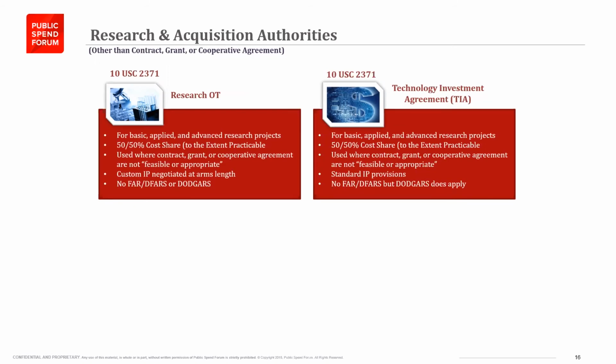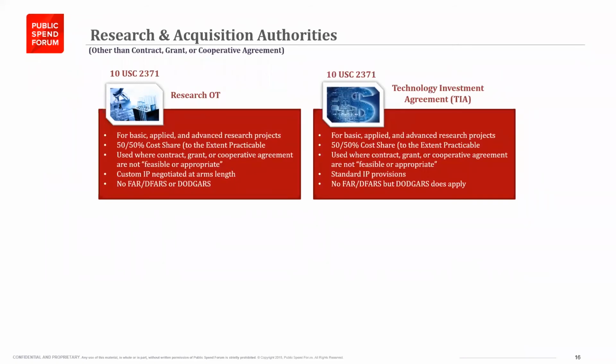So let me speak to DoDGARs really quick. Department of Defense grants and agreements regulations apply to what are known as technology investment agreements, which fall under the same statute. So the real difference here between the side by side is that research OTs have custom IP negotiated at arm's length.